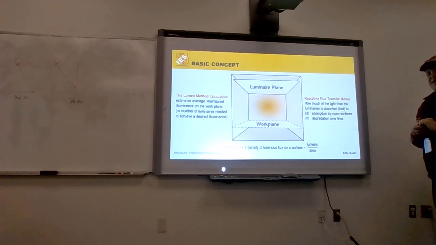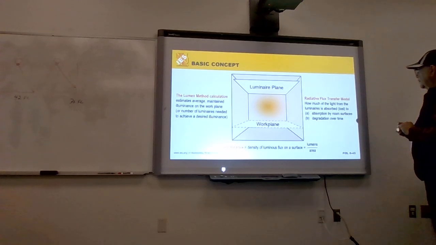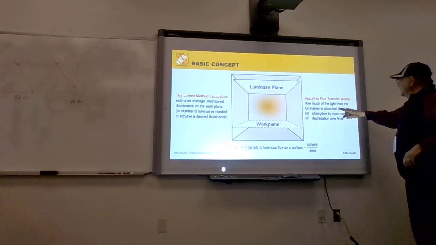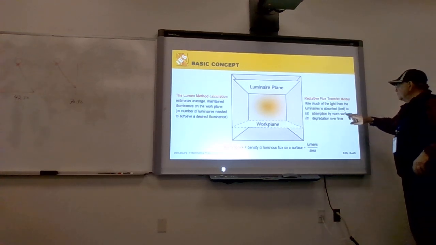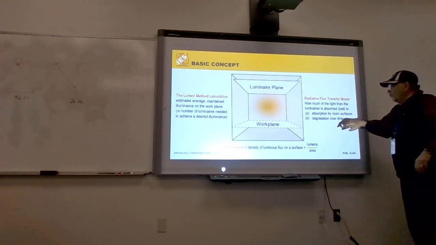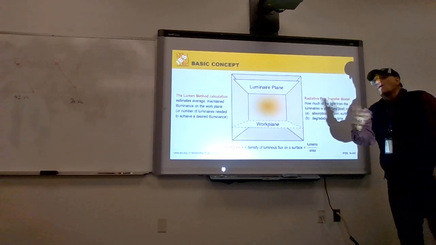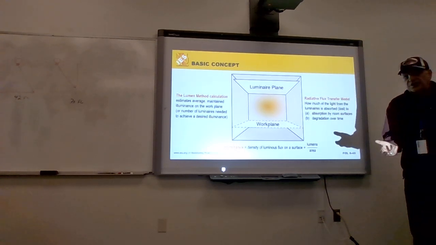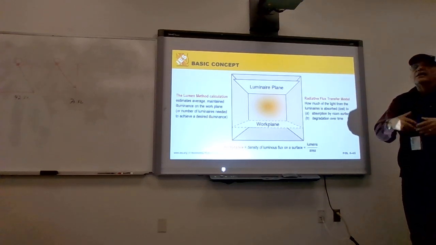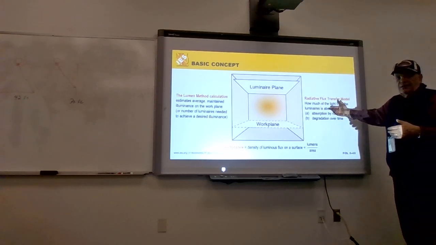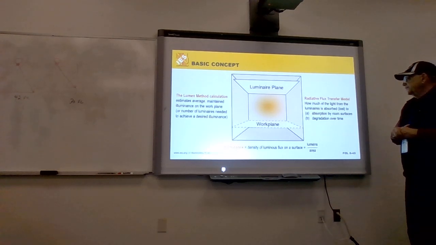One of those two things has to be solved for. How much light from the luminaires is absorbed, or absorption by room surfaces or degraded over time? So if you are in the middle of a factory and you're producing products that create dust, that will have an effect on the luminaire itself.